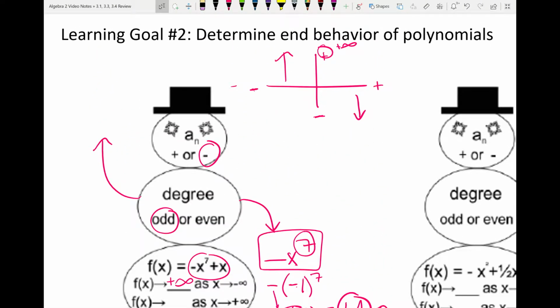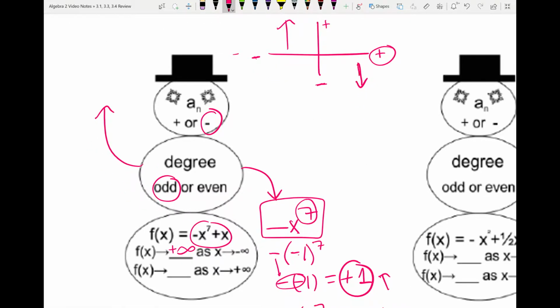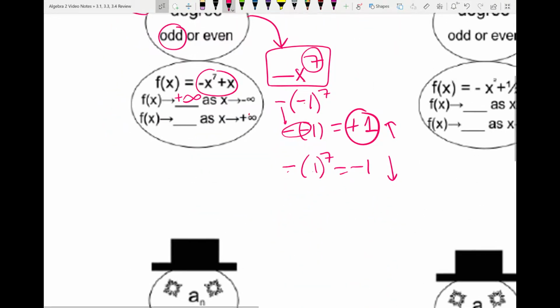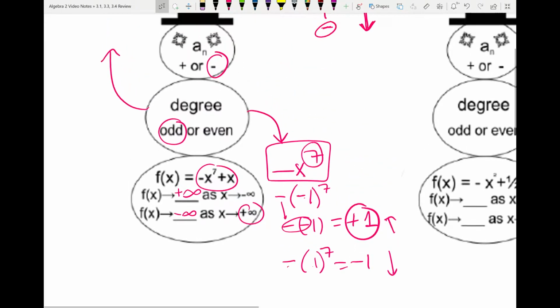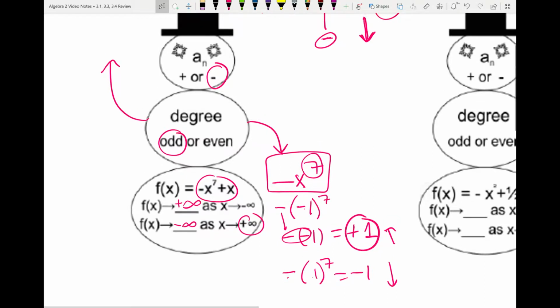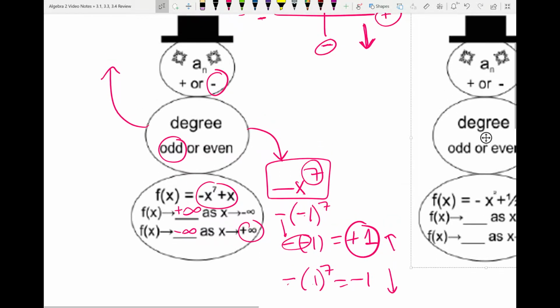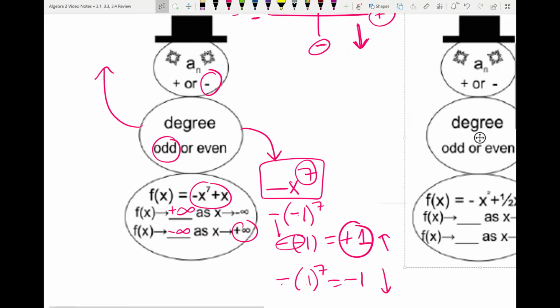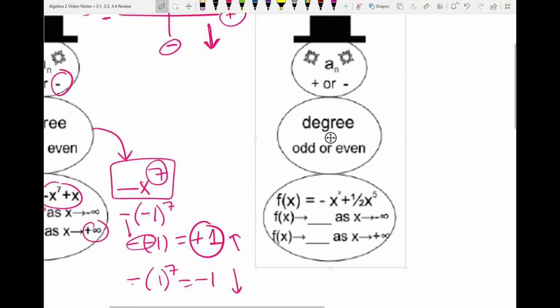All right, now as x approaches +infinity, y goes down to -infinity. So as x approaches +infinity, y approaches -infinity. All right, so that's the case for odd negative. So odd negative has up down.